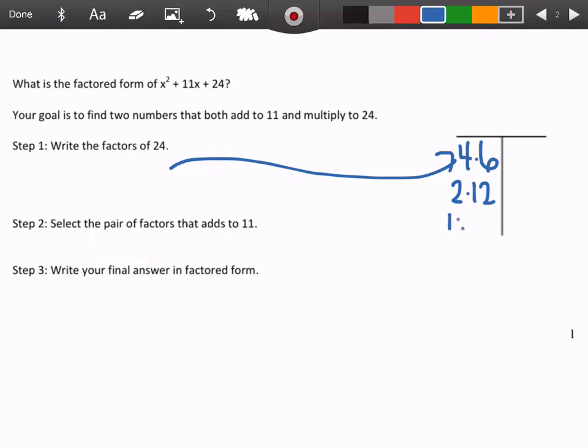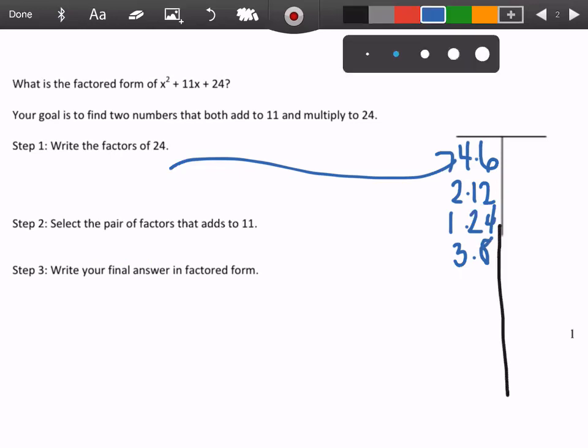Then we have to remember 1 times 24. Sometimes those factors are overlooked. And then this one is often forgotten with 24. We want 3 times 8 still. But we aren't finished because we have to remember the negatives.